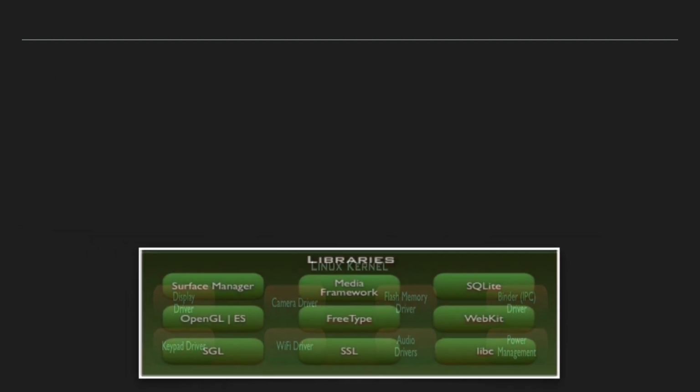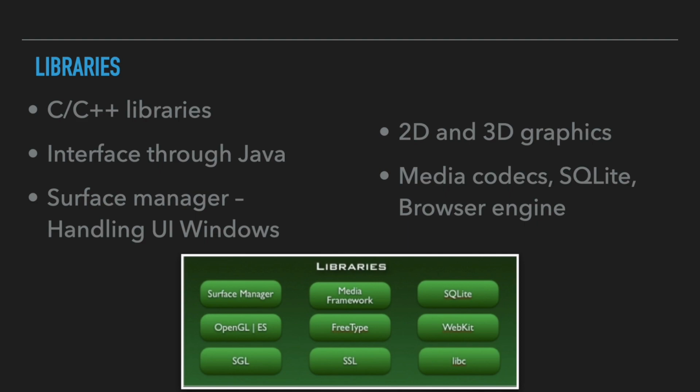Then come the libraries, which are one of the very important things as a part of Android development, because libraries are somewhat like a help desk which helps you to enhance your application, to build your application more beautifully and more efficiently.